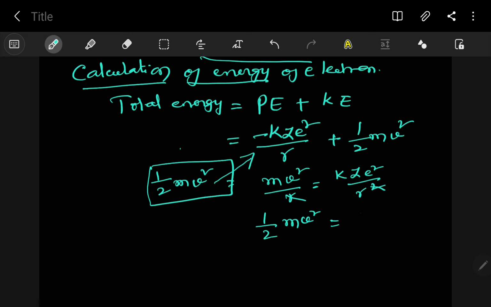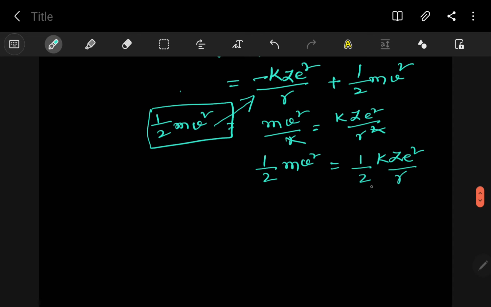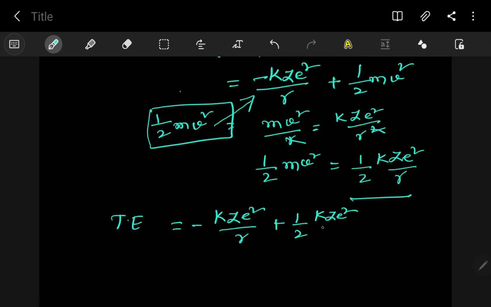Here also we will get 1 by 2 k z e square by r. So in place of half mv square I will write this. Now the total energy is equal to minus k z e square by r plus half k z e square by r. Now it will become minus half k z e square by r.